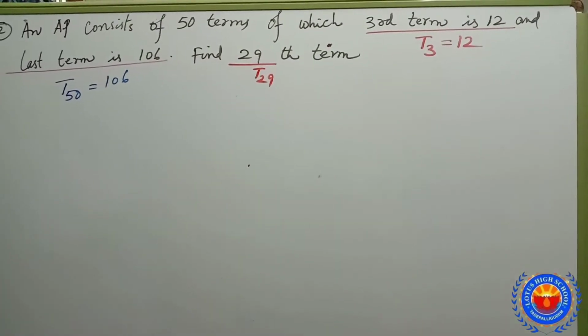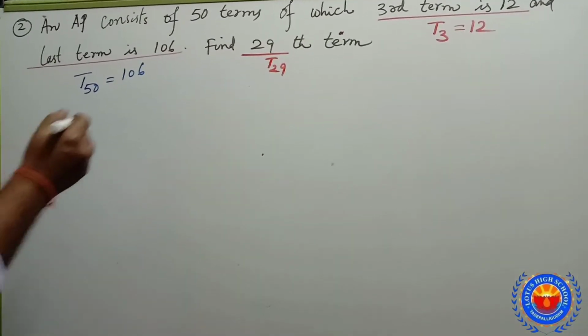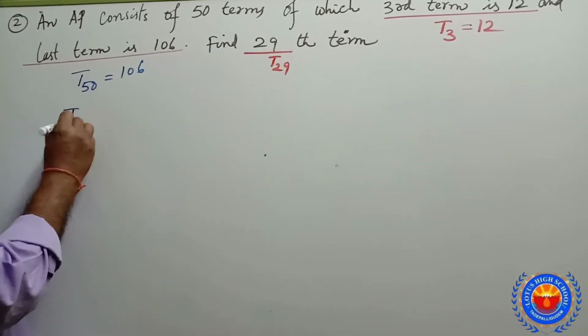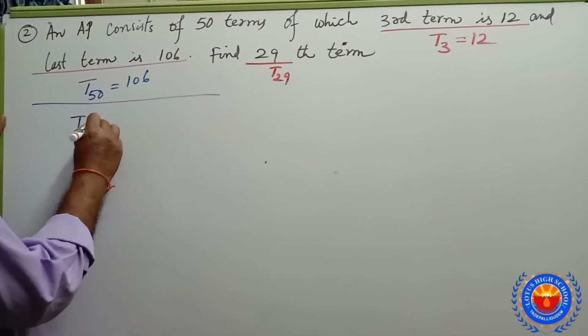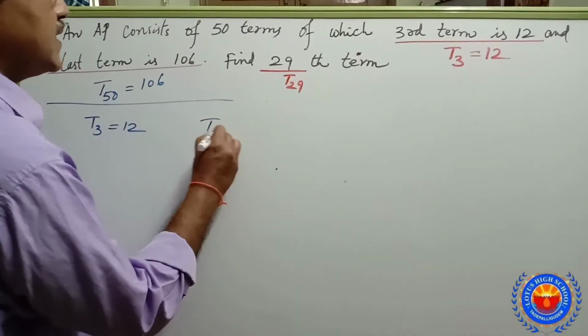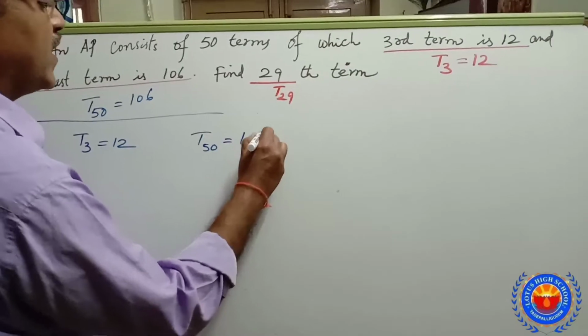Now, like the previous sum, the first one is the third term. T3 is equal to 12, and the last term, here the 50th term, is equal to 106.